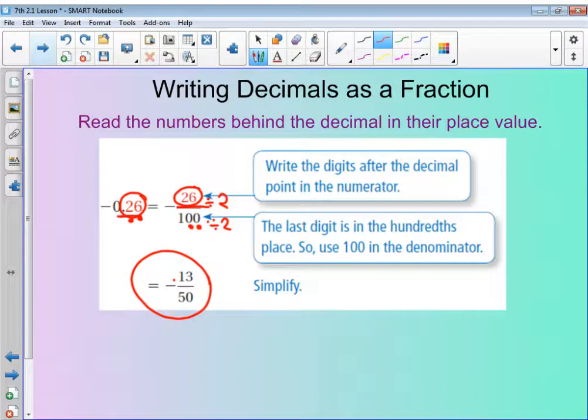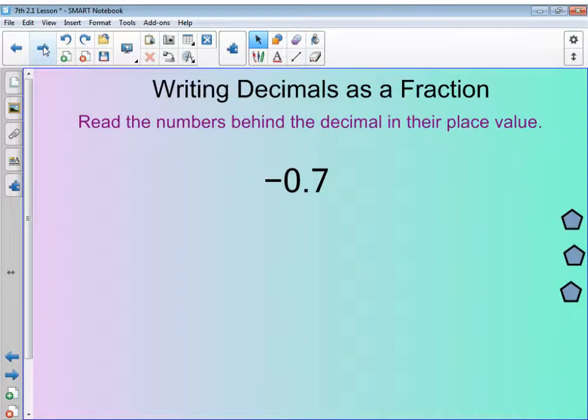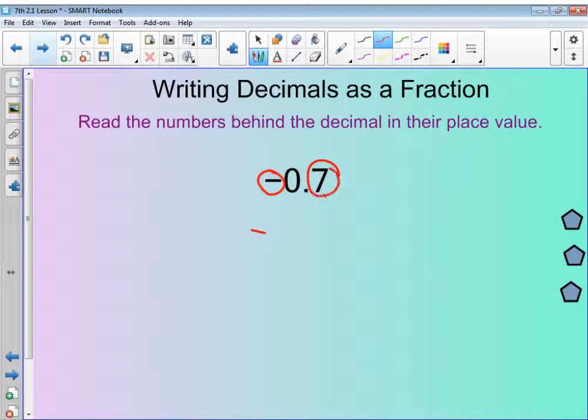Okay, so we're going to practice some of these skills. Okay, so here's our first one. We have negative 0.7. Now some kids can read that, and they can read it with the place value. Let's pretend like I wasn't good at that. So I'm going to go ahead and put my negative sign out in front because I know that has to be part of my answer. I'm going to take this number, and it's going to become my top number.